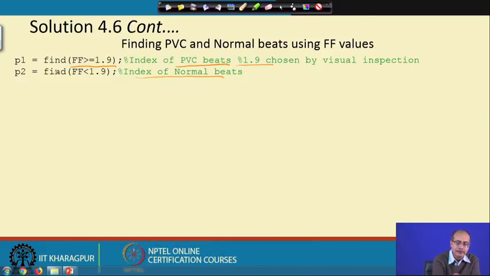Using this find command, we get two sets, P1 and P2.